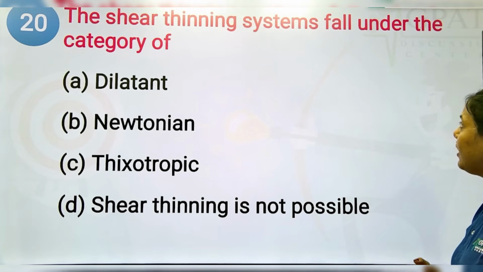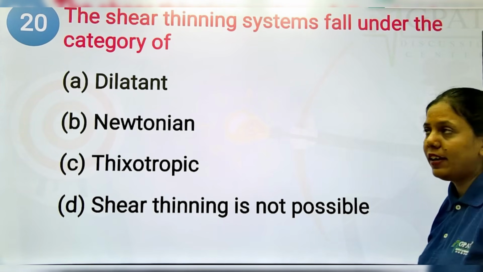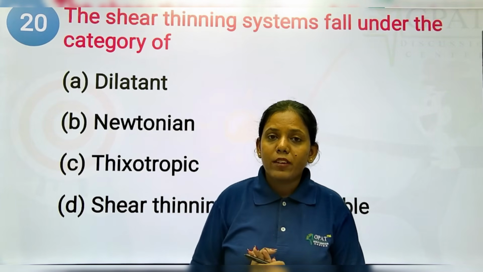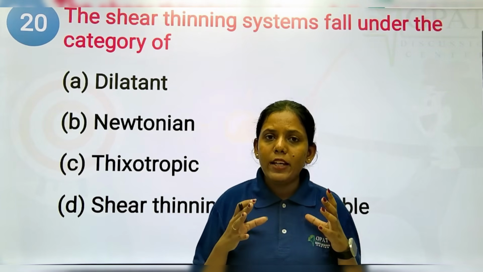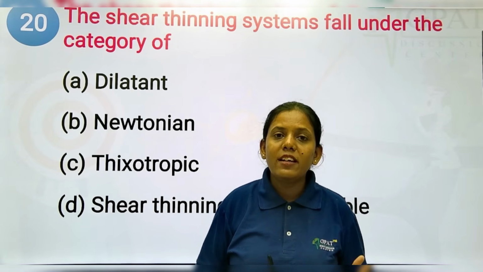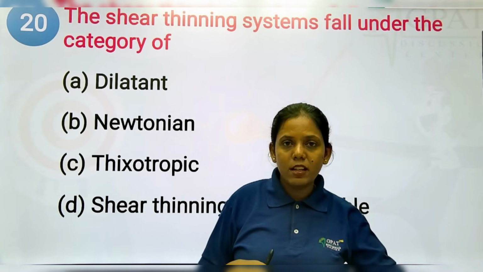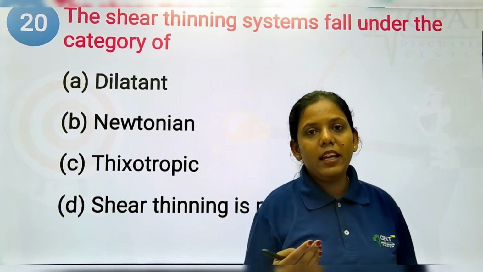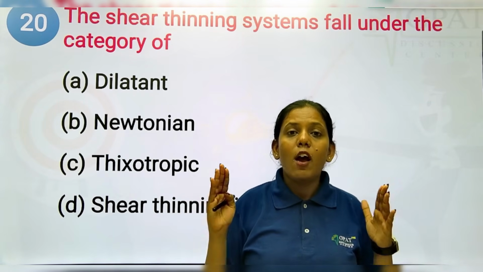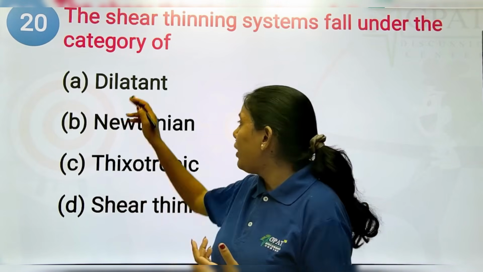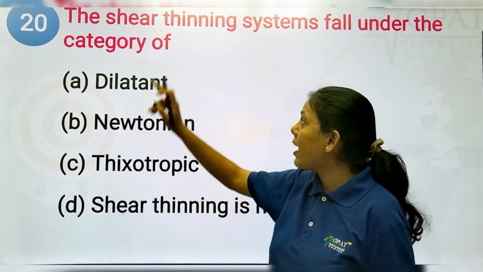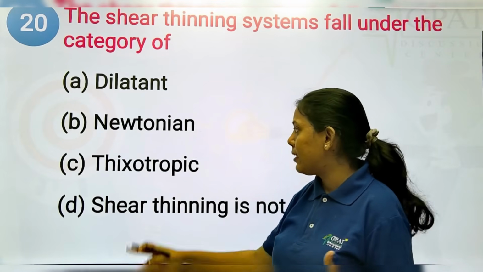Next is the shear thinning system, which falls under the category of shear thinning and shear thickening. Whenever you apply shear stress, whenever you apply the force, the material has the tendency to undergo lesser viscosity. Shear thickening means which will increase in the volume. Because the volume has increased, we call it dilatant. So dilatant is not there because that is the shear thickening system. Here they are asking about the shear thinning system.